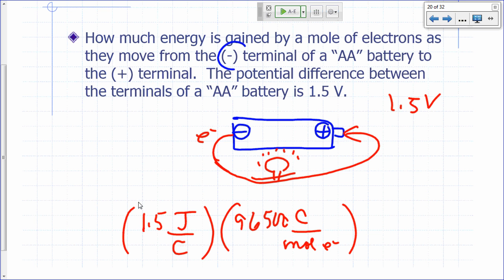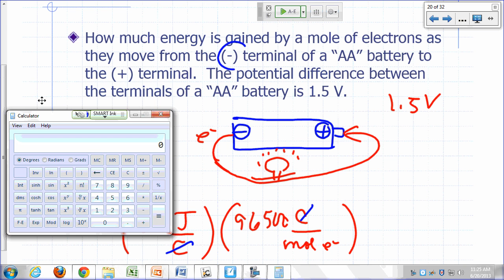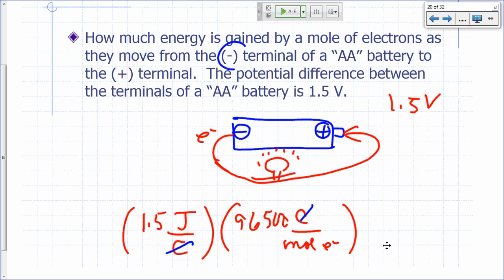So coulombs cancel out. What's 1.5 times 96,500 joules? That's 144 kilojoules, 145 kilojoules, about 150 kilojoules. That's how much energy is gained by a mole of electrons.